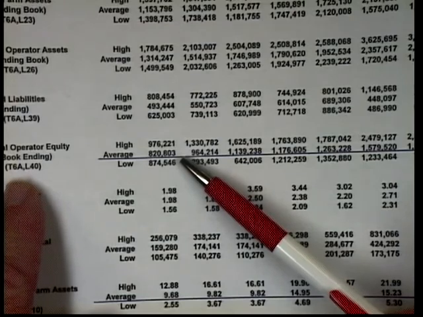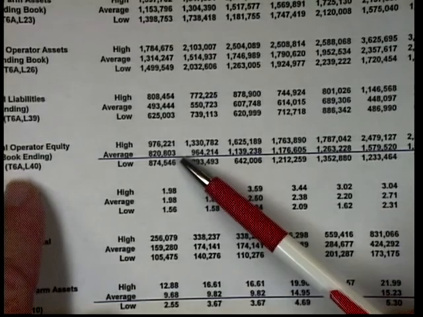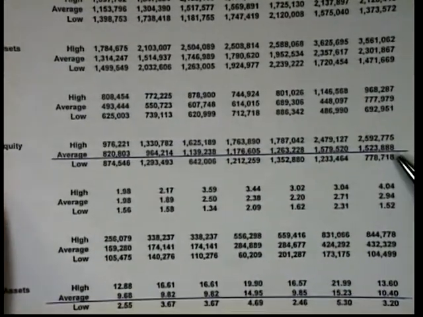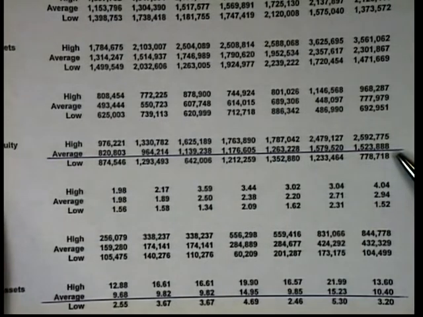In the year 2005, the average equity on the farm was $820,000. And if we go to the year 2011, we just looked at it, $1,524,000. We almost doubled. Now, we have not doubled the value of the land.